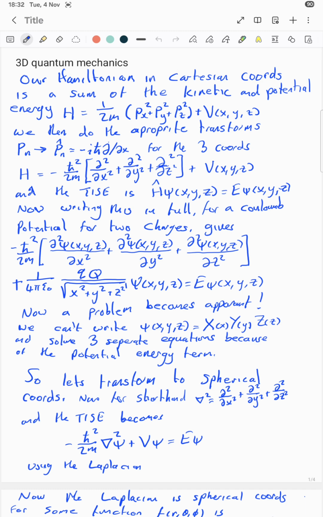But anyway, our Hamiltonian in Cartesian coordinates is the sum of the kinetic and potential energy, and is given here.